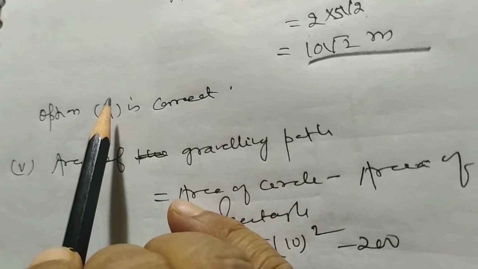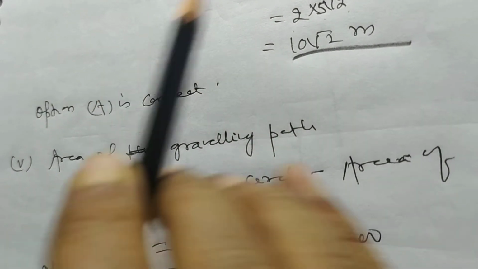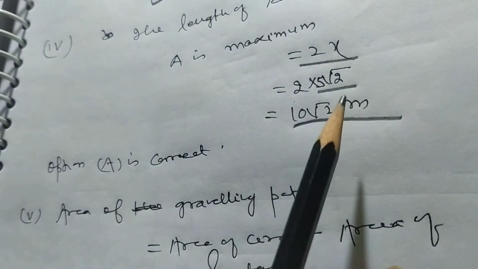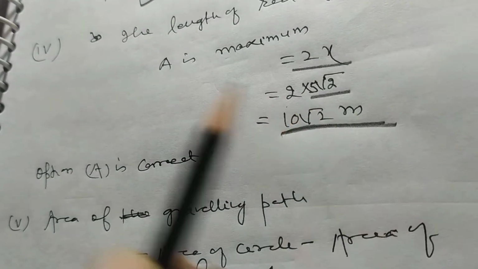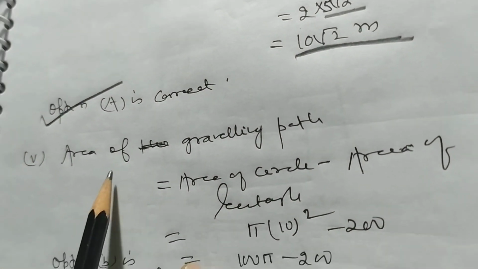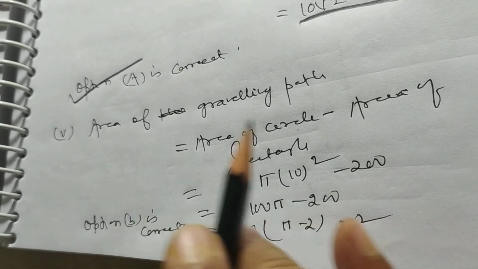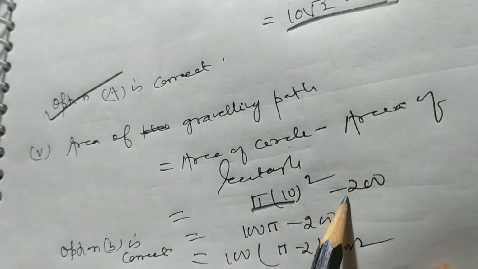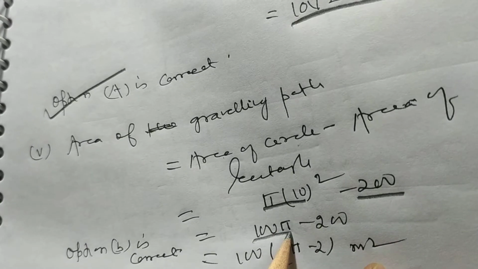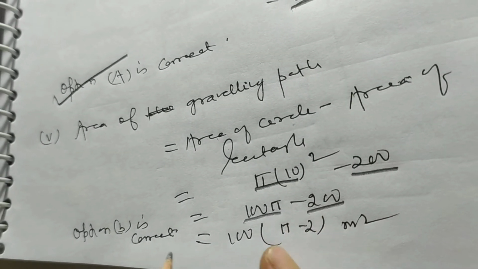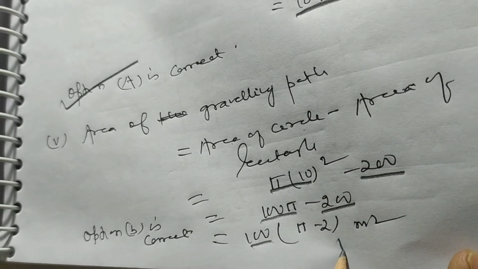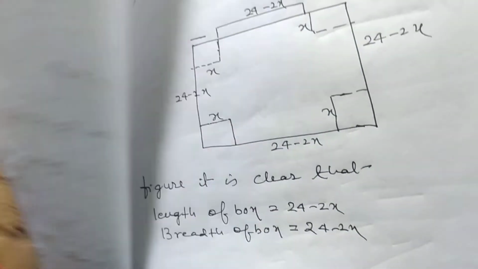Option A is correct. Area of graveling path is area of circle minus area of rectangle, that is pi into 10 square minus 200, that is 100 pi minus 200, and we take common 100, pi minus 2 meter square, so option B is correct.